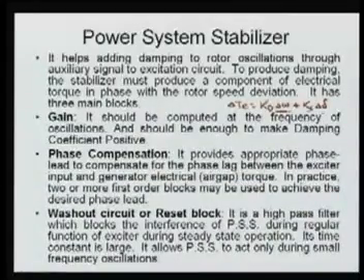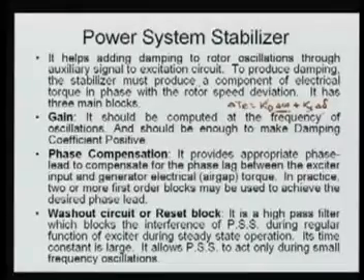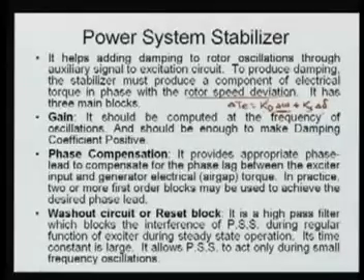So to produce the damping, the stabilizer must produce a component of electrical torque in phase with the rotor speed deviation. Means we have to add to this Kd, we want to give the damping, so we have to add some signal here that is in phase with this component, so that if this Kd is more, damping will be better and the system stability will be enhanced.